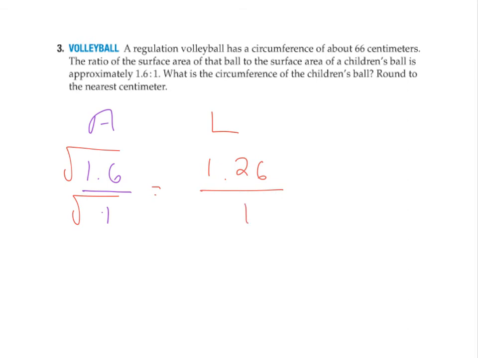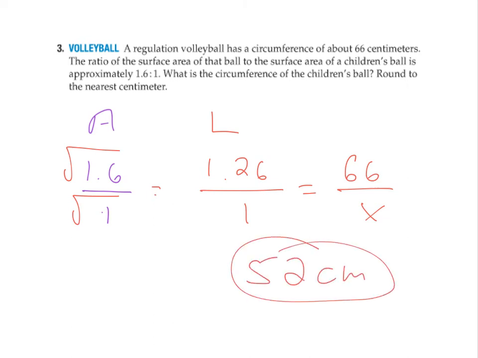So the ratio of their linear measurements is 1.26 to 1. I now know that the circumference of the larger ball is 66. The circumference of the smaller ball is what I'm looking for. I'm going to use my calculator and cross multiply, and I get an answer of 52 centimeters when I round.